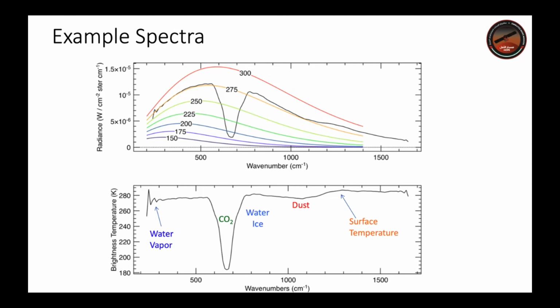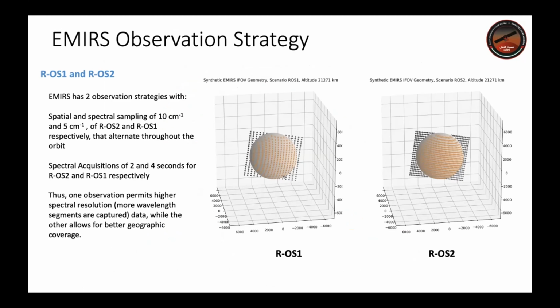Here's what the two observation strategies look like for EMIRS. One is a 10 wave number sampling mode, or a lower spectral resolution mode, and the other is a higher spectral resolution mode. In the lower spectral resolution mode, we get better coverage on the planet and are able to retrieve the parameters I was talking about very well.